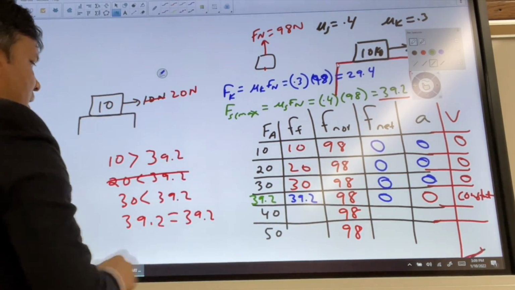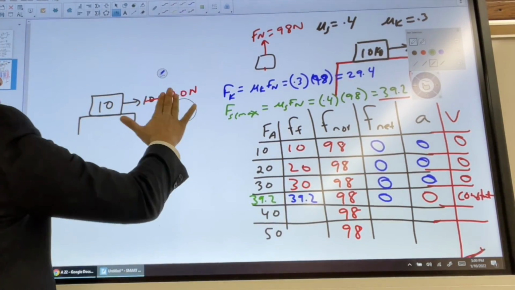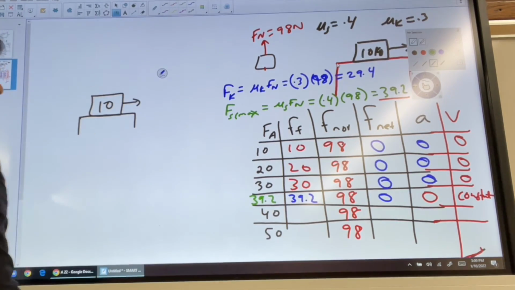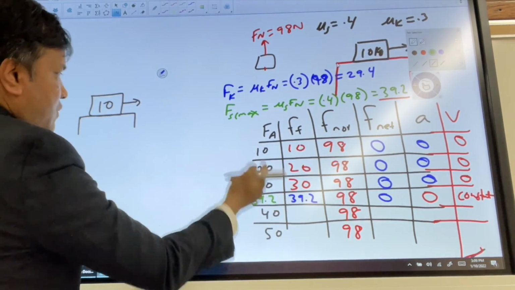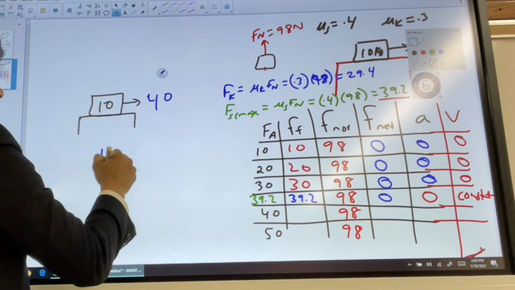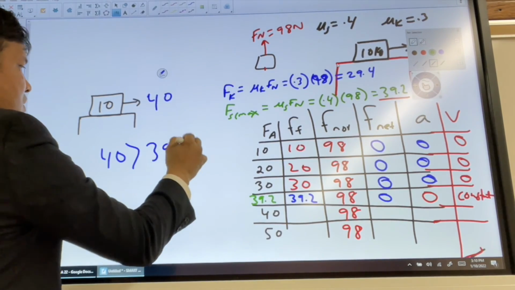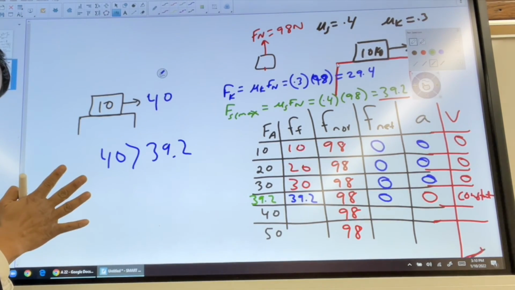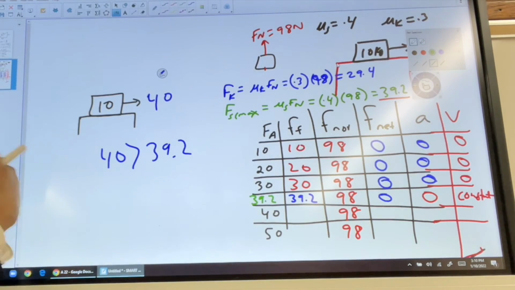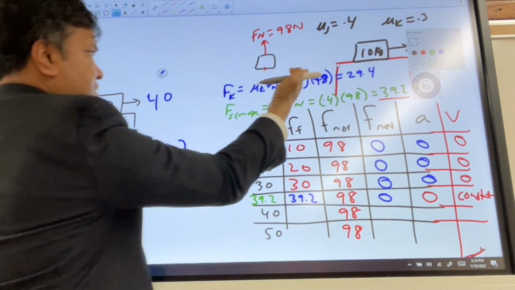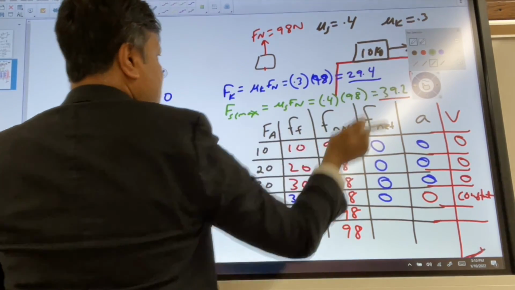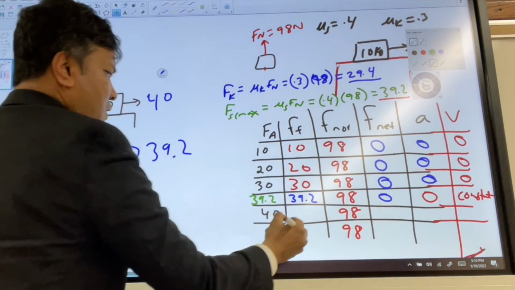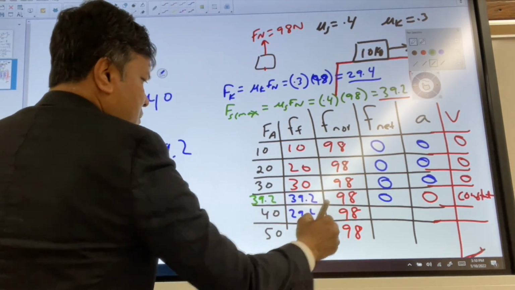Now if you apply a force that is more than 39.2, say 40, is 40 bigger than 39.2? Of course. Then kinetic friction takes over, and kinetic friction is how much? 29.4. So you're going to write 29.4.